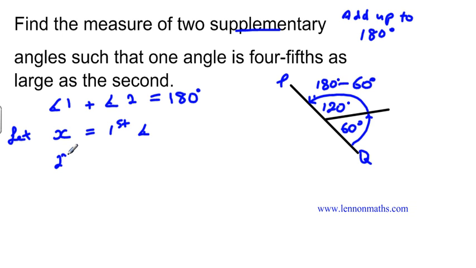The second angle is equal to 4/5 of the first. 4/5 as large as the first will be 4/5x.